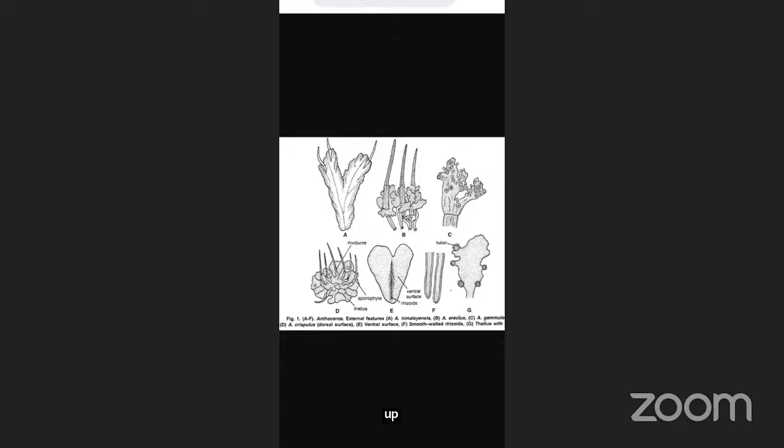The class is Anthocerotopsida, the order is Anthocerotales, the family is Anthocerotaceae, and the genus is Anthoceros. This one we commonly call the hornwort, meaning horn-like structures are there. That's why we call it the hornwort.